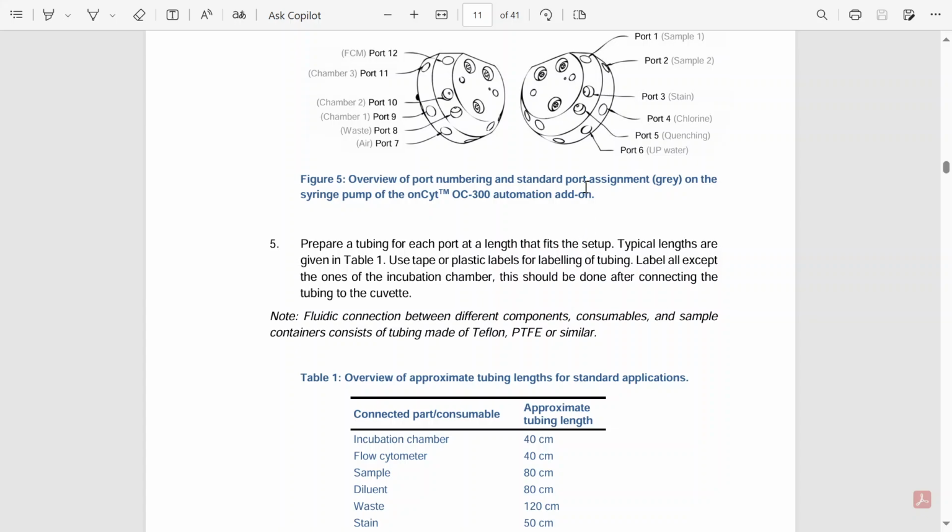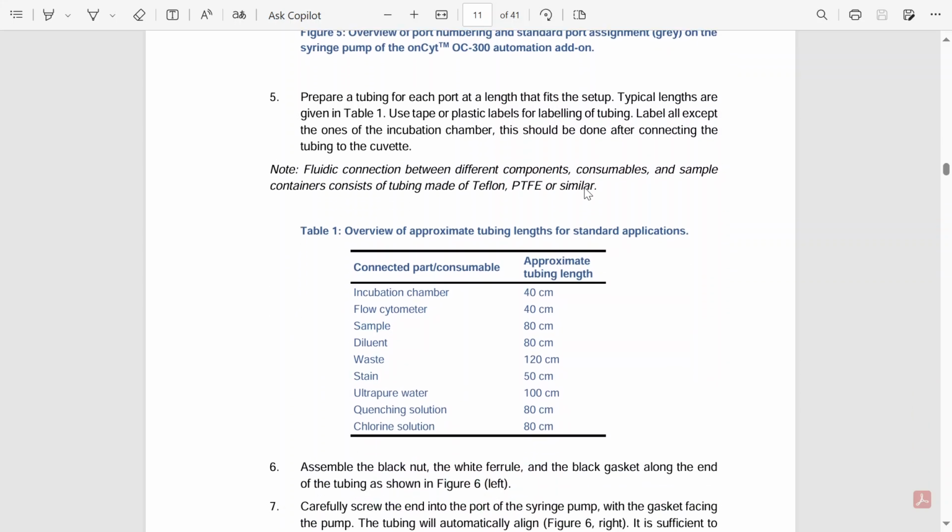But when you do that, you have to keep in mind the tube length. For example, the incubation chamber tube is usually only 40 centimeters long. So when you want to add samples or staining, you have to increase the length. For example, the stain will use 50 centimeters and the samples here 80 or even higher.